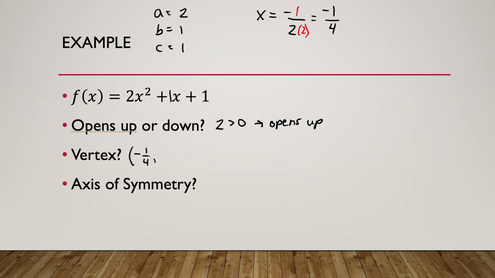Okay, now we'll work on finding the y value. So remember, to find the y value, we're going to take our function, 2x squared plus x plus 1, and we're going to plug our negative 1/4 in for the x. So everywhere we have an x, I'm going to now put a negative 1/4.